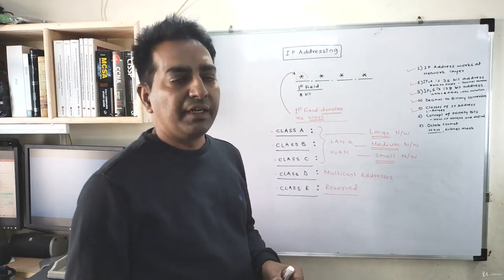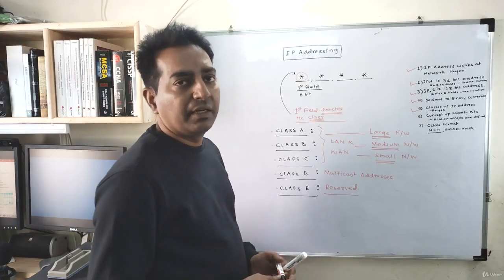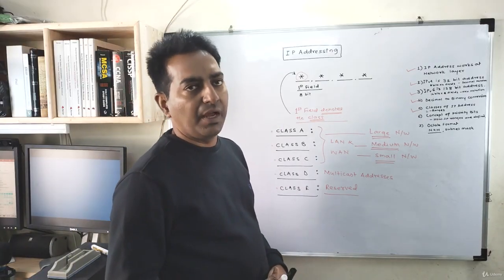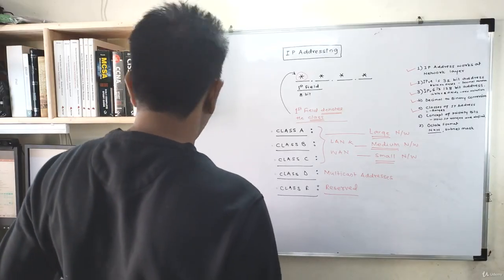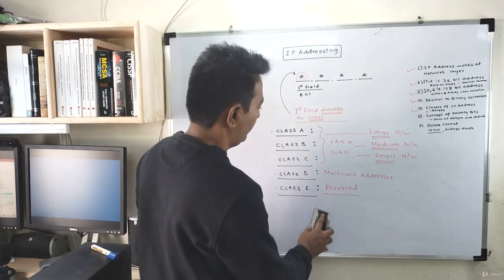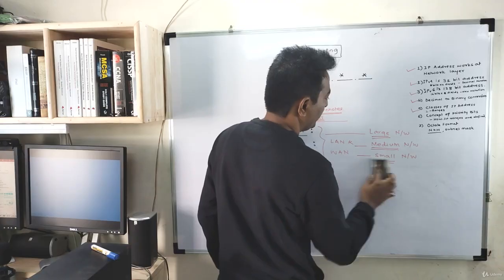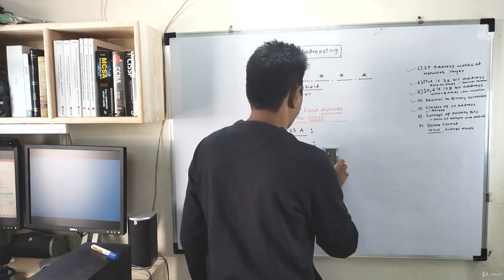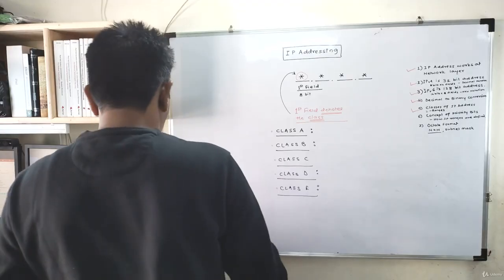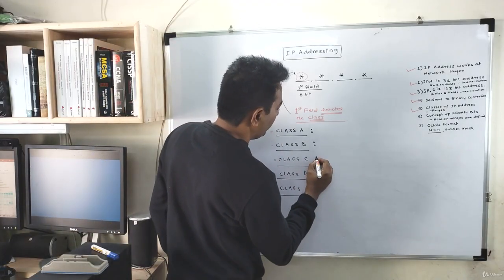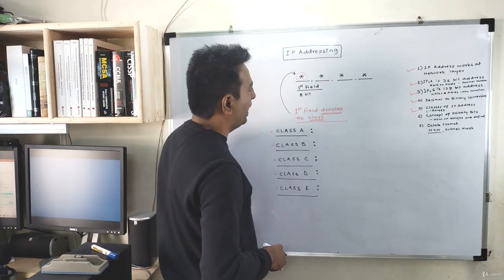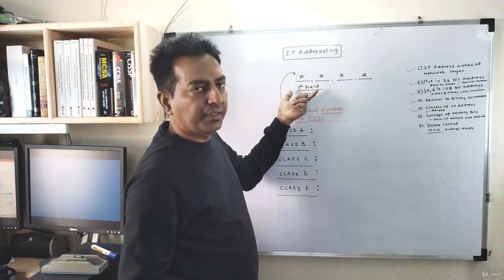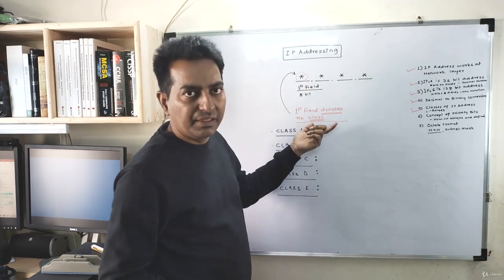Let us try to understand the ranges of these particular classes of IP address. You have already built an understanding that the first field of an IP address can help you identify the class in the first place.